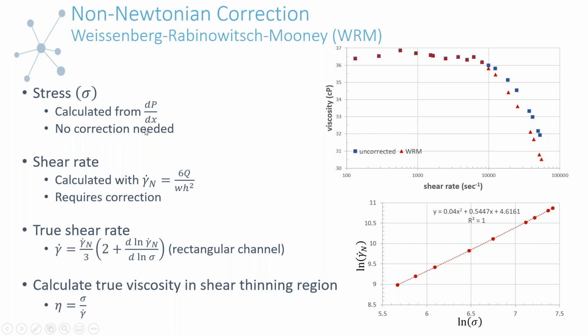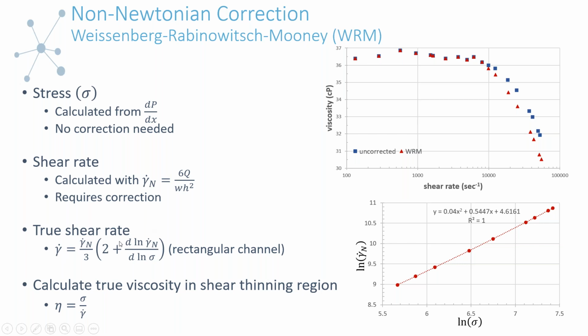There's no need here. However, we made an assumption when we calculated our shear rate, and so this is going to require correction. We can use our data that we got at multiple rates, and also the Newtonian assumption value for the shear rate, and then calculate the true shear rate.